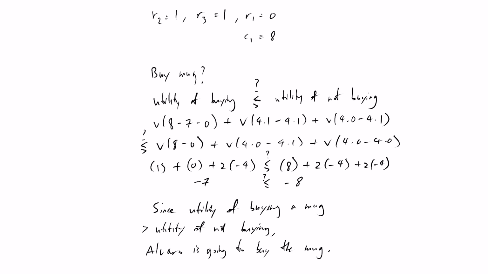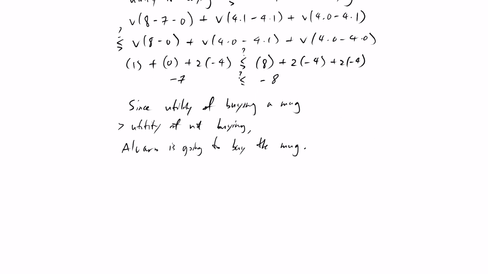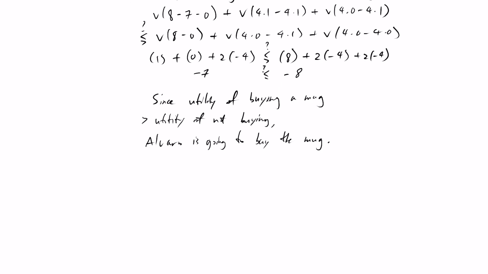All right. So now, we're actually going to skip this buy pen part, because if you do the math, it's going to come down to -6 bigger than -8, because the only difference between pens and mugs is that the $1 price difference.